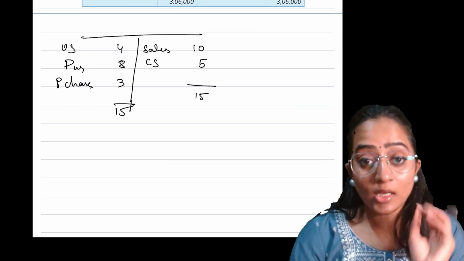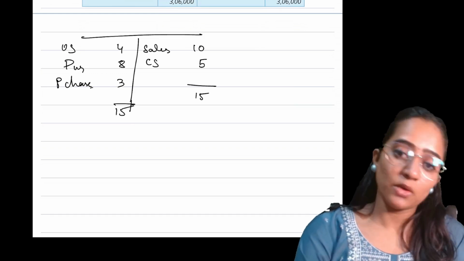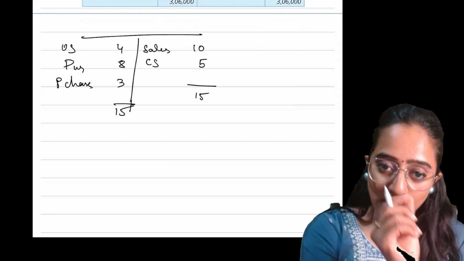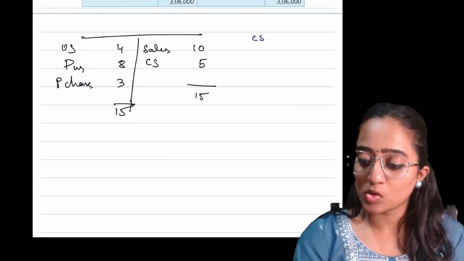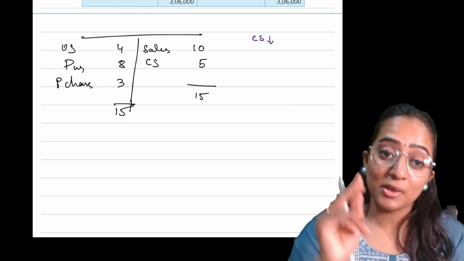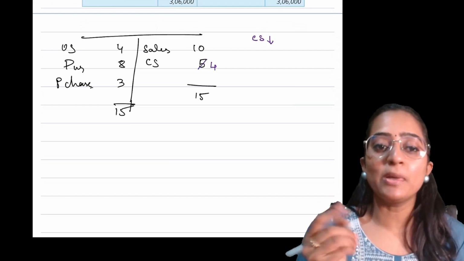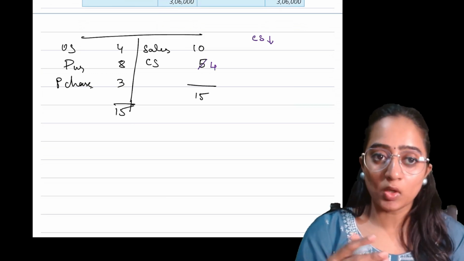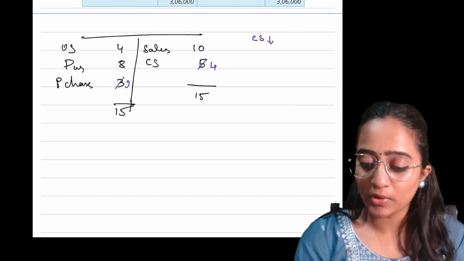Correct? So now, if you consider everything to be constant other than closing stock, suppose the closing stock is understated, that is, instead of the actual figure of 5, it is 4, what would happen to the profit, people? If the closing stock is decreasing, automatically your profit will also decrease.